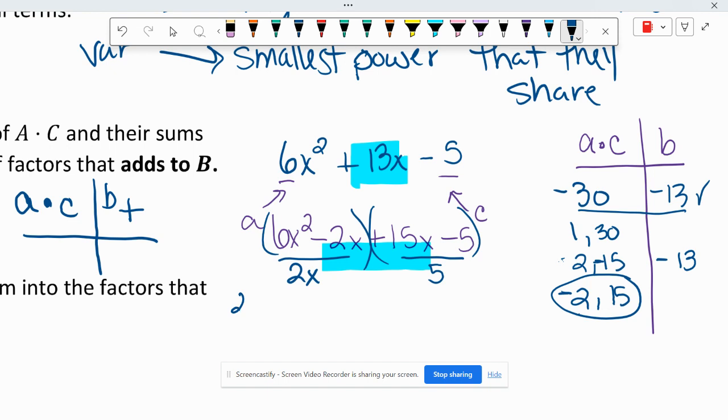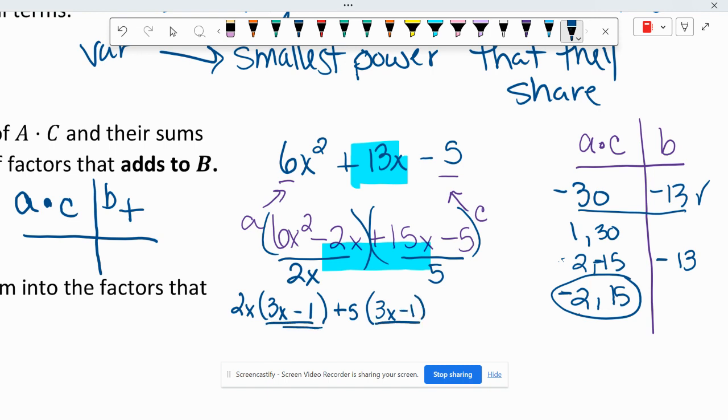So when I take a 2x out of the first group, 6x squared divided by 2x is 3x. Negative 2x divided by 2x is negative 1. I took out a positive 5 from my second grouping. 15x divided by 5 is 3x. And negative 5 divided by 5 is negative 1.